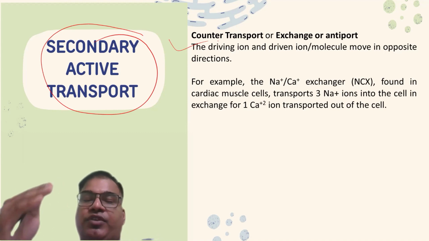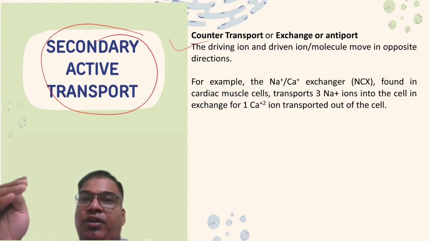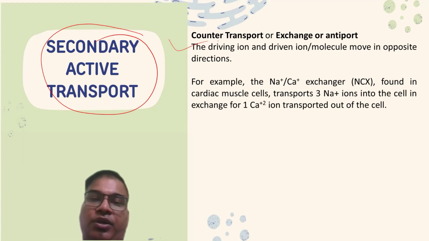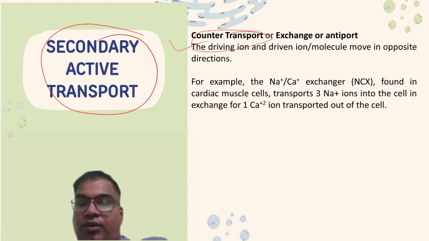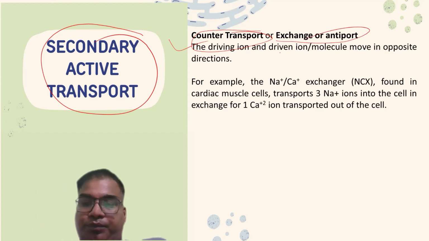So sodium will always have a tendency to move inside the cell. When this sodium is moving inside the cell, it is also responsible for the movement of another ion, and it could be in the same direction, then it is called co-transport or symport. And in this example, if the transport of another molecule is in the opposite direction, then it is called counter transport, exchange or antiport.